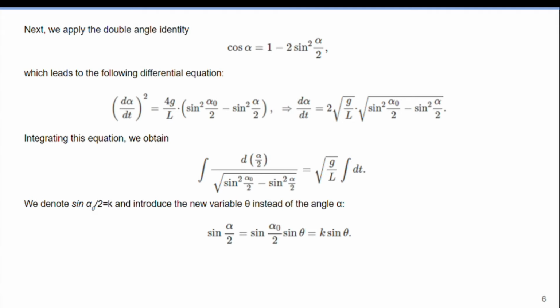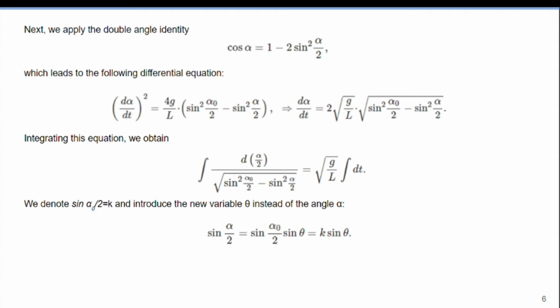Integrating this equation, we obtain the integral of d alpha divided by 2 over the square root of sine squared alpha 0 over 2 minus sine squared alpha over 2 equals square root of g divided by L integral dt.